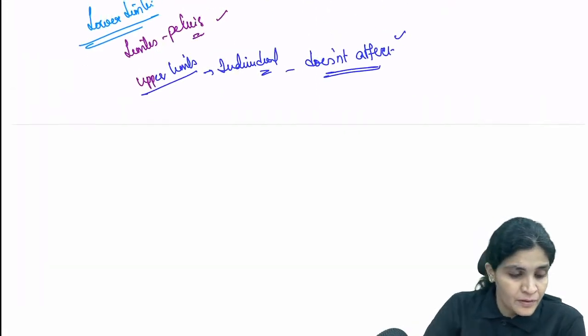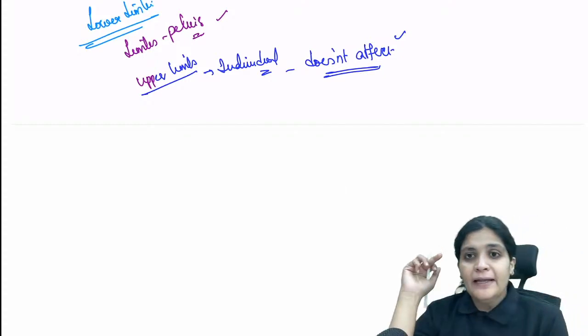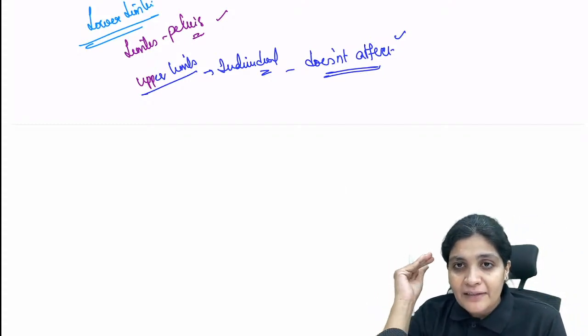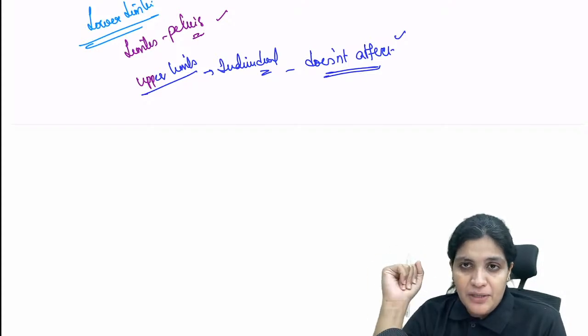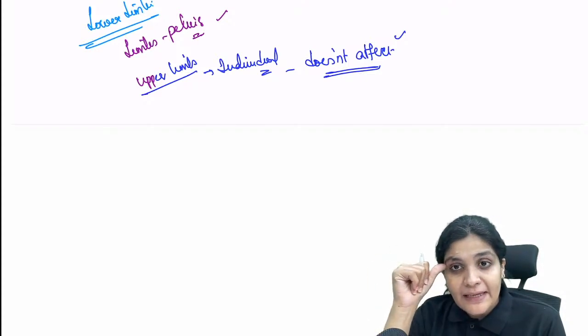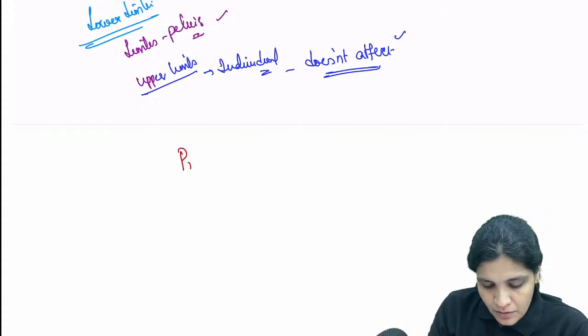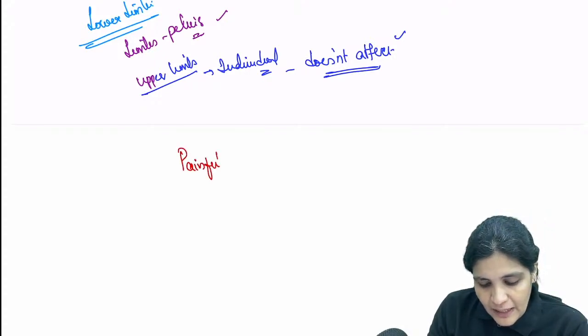Okay, so now we have completed the inspection, palpation, then we have done the movements and then the measurements, right? So this is how you take the case. So now let us see what is the painful arc syndrome.